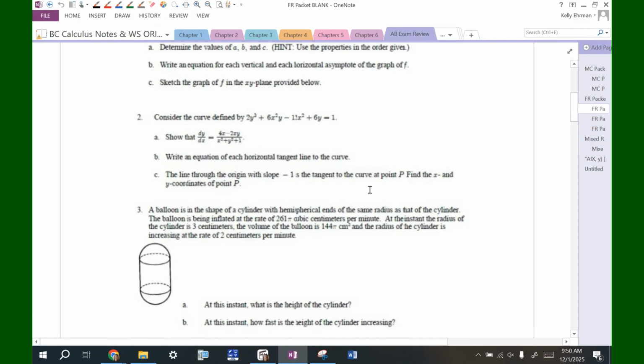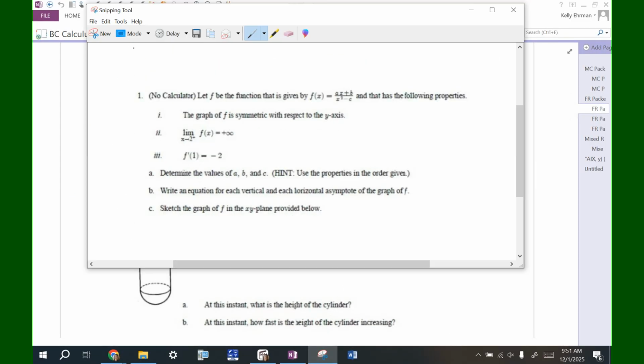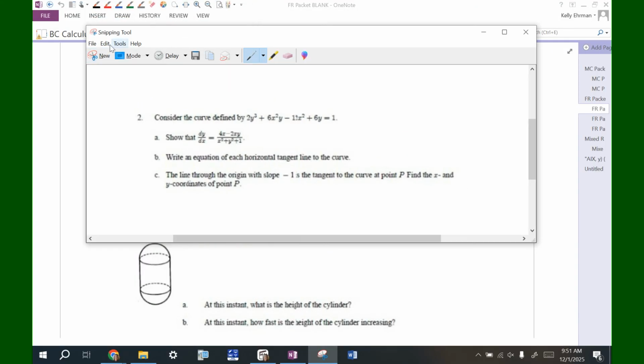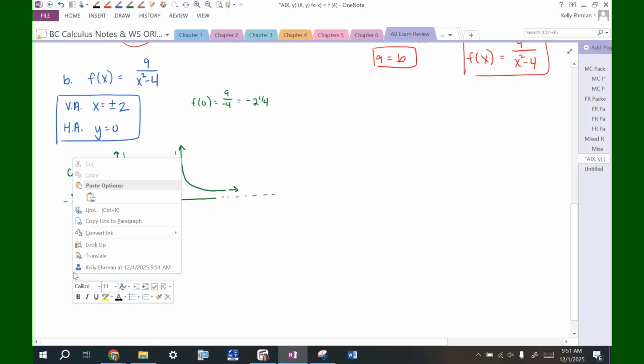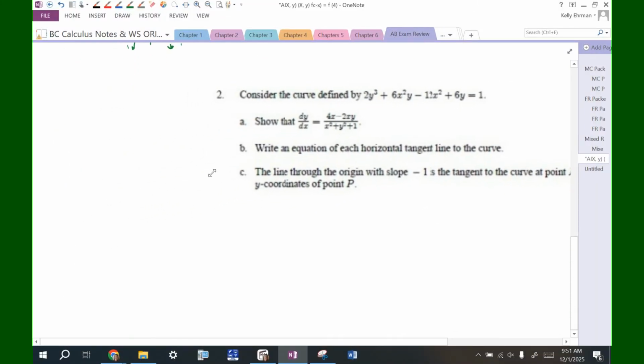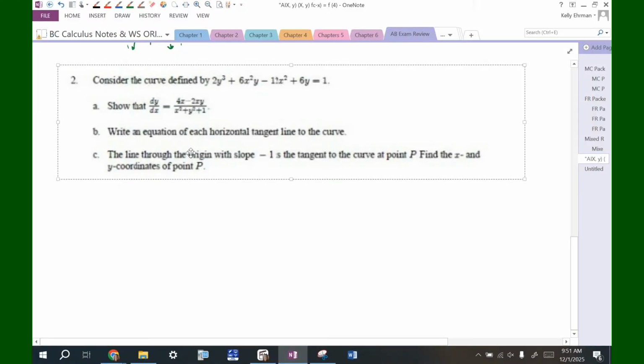So number 2, I believe this would be no calculator as well. So let's put that down here. All right, so consider the curve defined by this, which is not something I can easily isolate a y for and get a nice function of x.